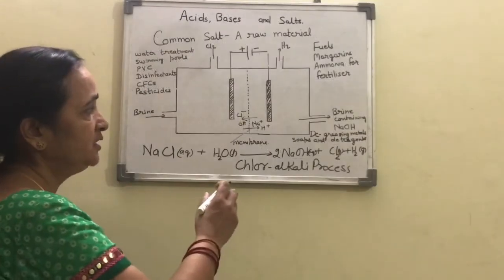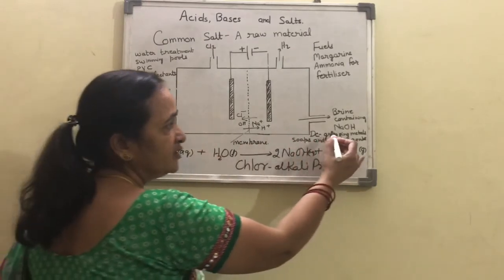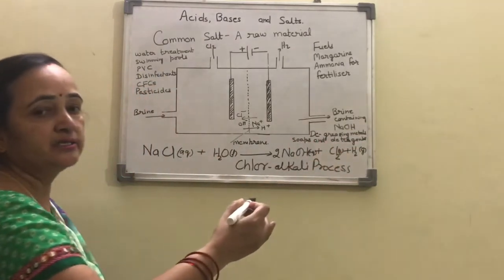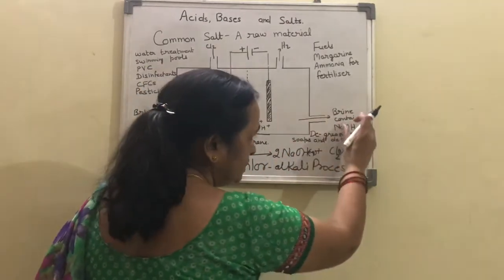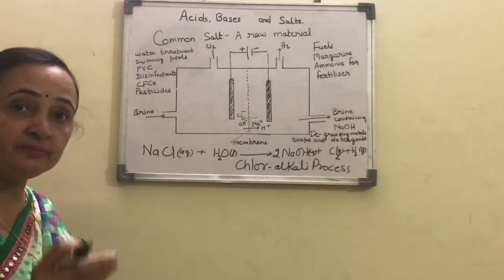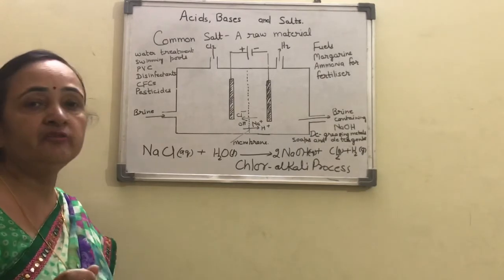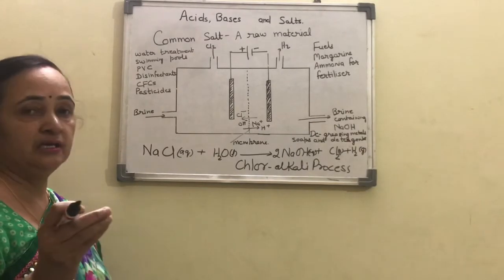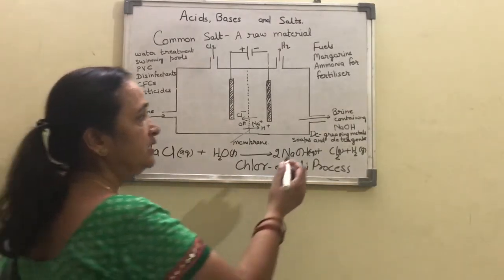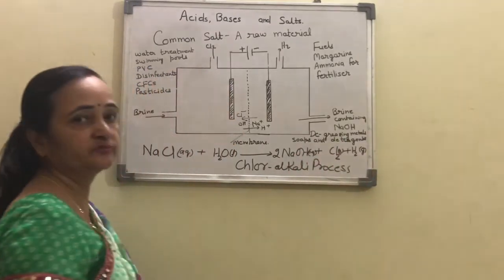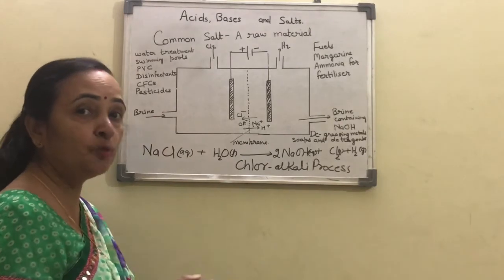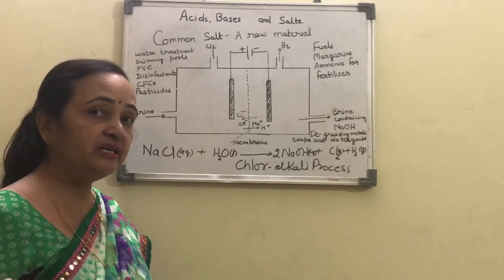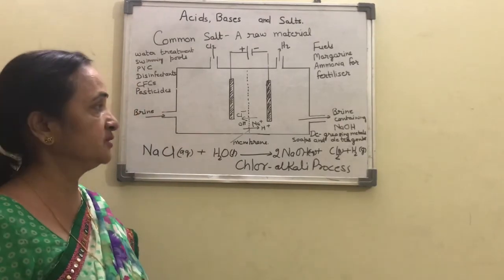Now here you can see that sodium hydroxide is formed here. This NaOH is here and from here it can be collected. So sodium hydroxide also has very important uses, like it can be used in degreasing metals. Okay, then it is also used in the preparation of soaps and detergents, which you will study in the next chapter.